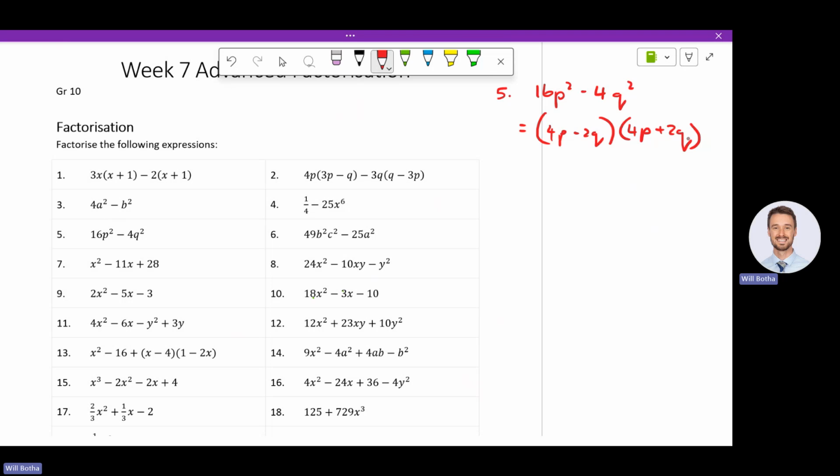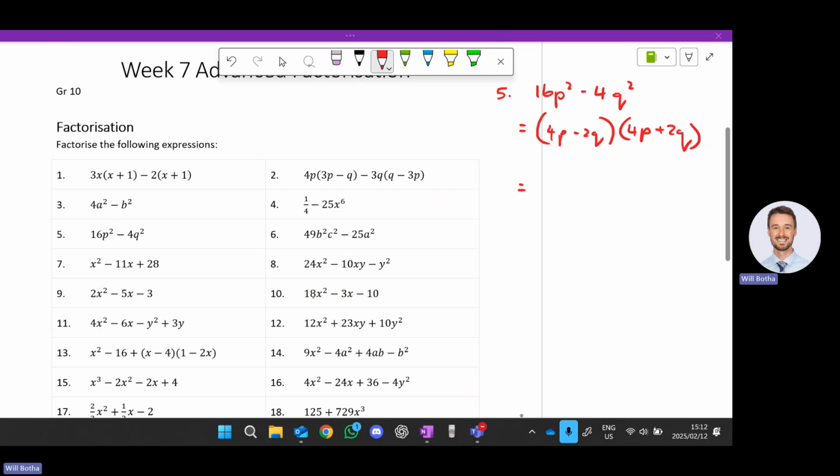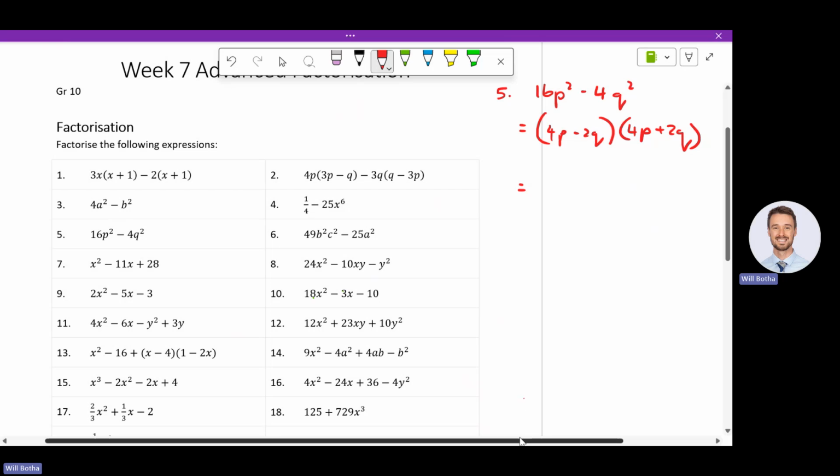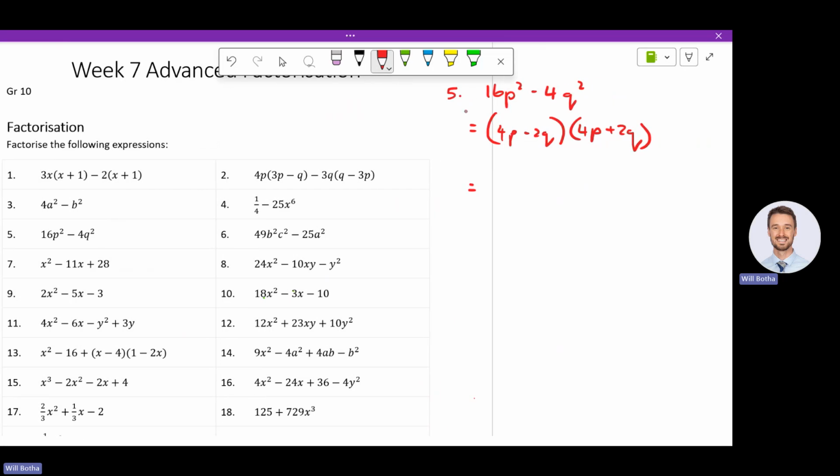Who got to that point and said, yes, I'm amazing, this is the end? This is not the end. Why is it not the end? I have a common factor in both of these brackets. The common factor is a 2 in each of the brackets. If I take out the 2 in the first bracket, I'll be left with 2p minus q.